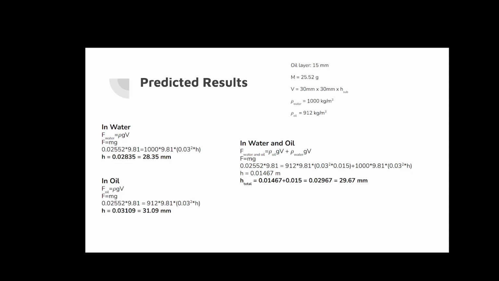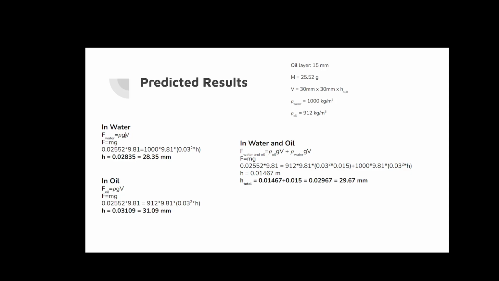The density of water, we're going to say, is 1,000 kilograms per cubic meter. And we looked up the specific gravity of canola oil, which was 0.912, so it would be 912 kilograms per cubic meter. In water, we have our buoyancy equation, and we have our F equals mg equation. This is the gravitational effect on the cube, and this is the buoyant force of the water.